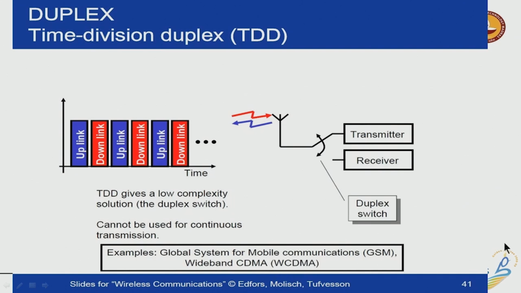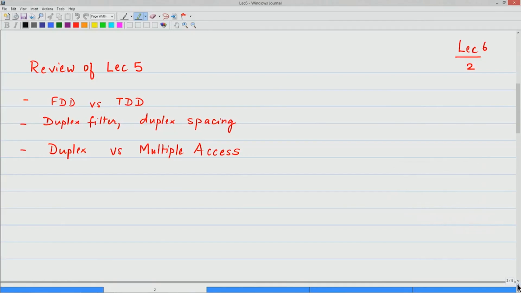So given these two basic examples, I thought it would be good for us to have a summary of the systems that we have discussed so far. So let us go back to our notes and quickly pick up from there. We now have a basic understanding of the FDD and the TDD systems.